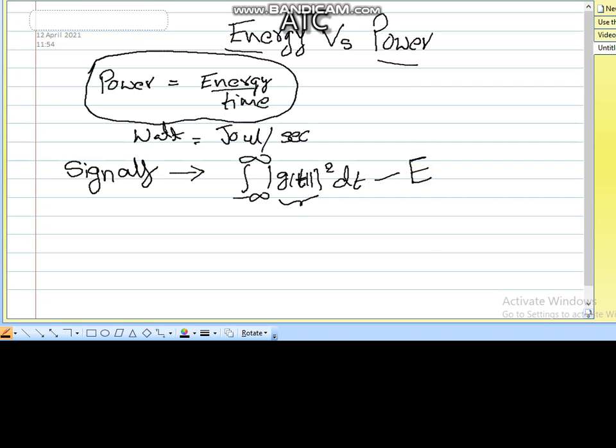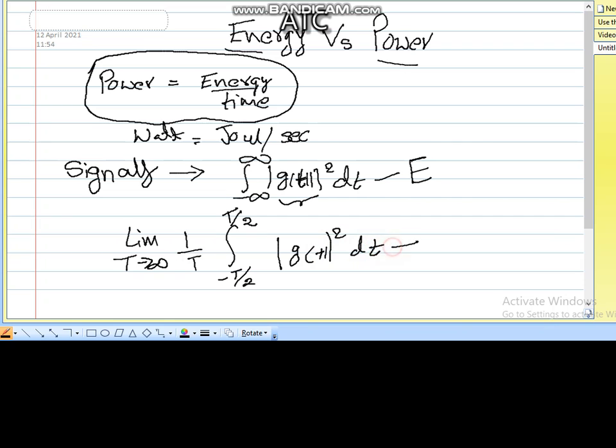For the power signal, we define it as the limit as T tends to infinity of 1/T times the integral from -T/2 to T/2 of |g(t)|^2 dt. This is the representation of power. Simple.